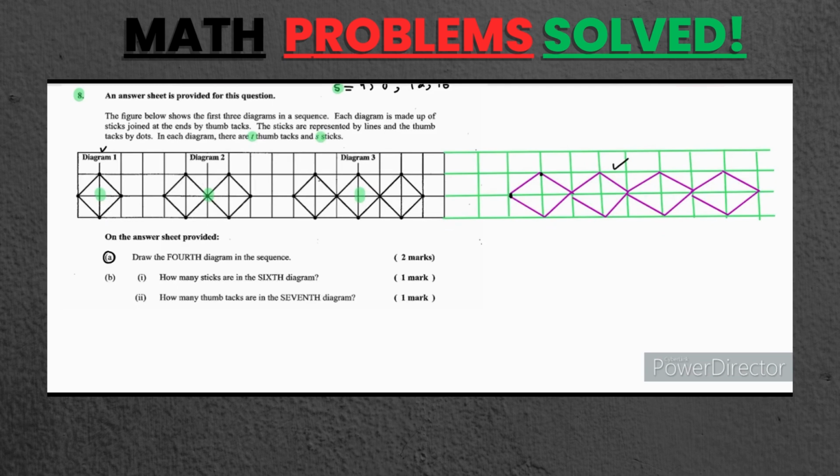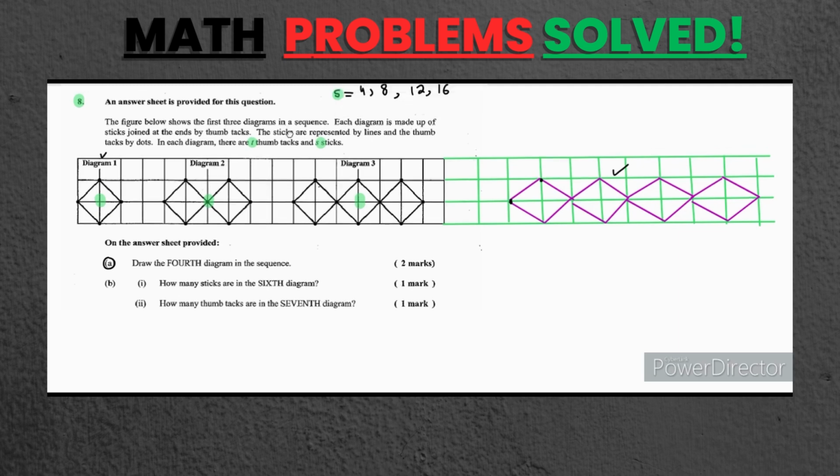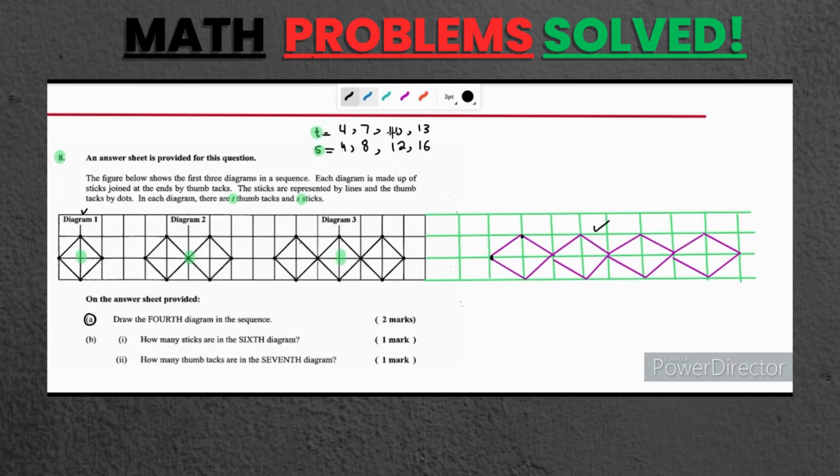Then what it says, how many sticks are in the 6th diagram? Although there are many ways, if we complete the sequence here, we have 4 terms: 4, 7, 10, 13. What will be the next term here and the next one?